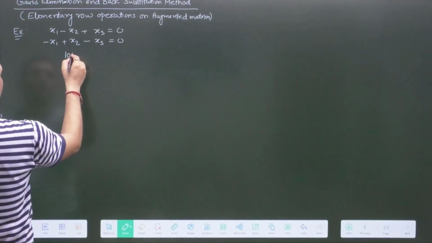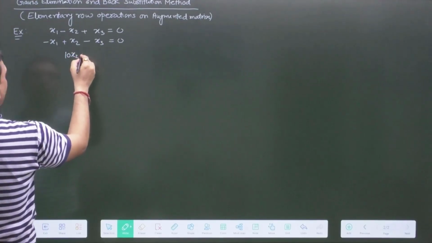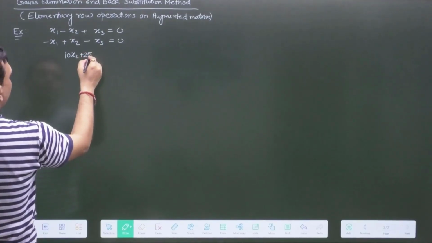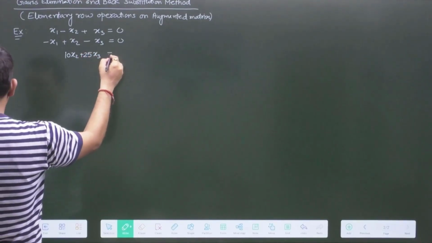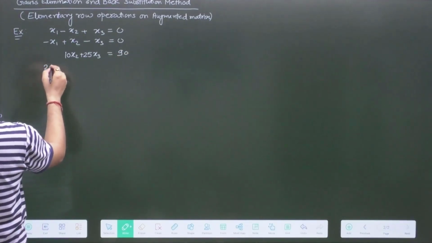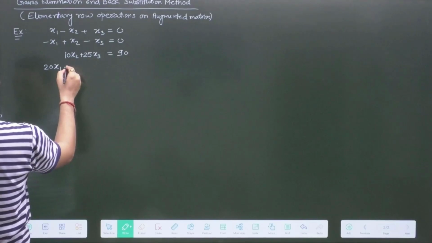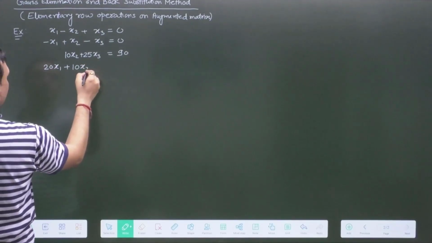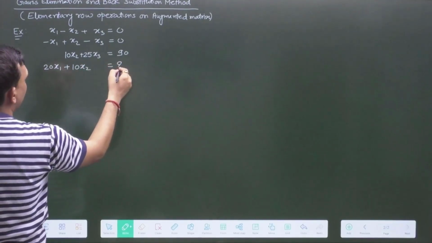Then you have 10x2 plus 25x3, that will be 90, and then you have 20x1 plus 10x2, and that is it.